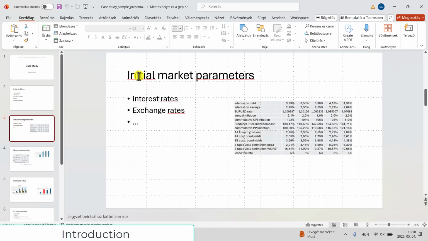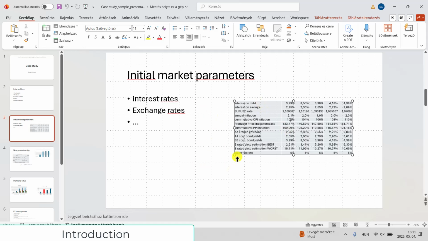So let's see initial market parameters. So what is happening here on the market? Obviously, what kind of interest rates do we have on debt? What kind of interest rates do we have on savings? The exchange rates and inflation and so on.